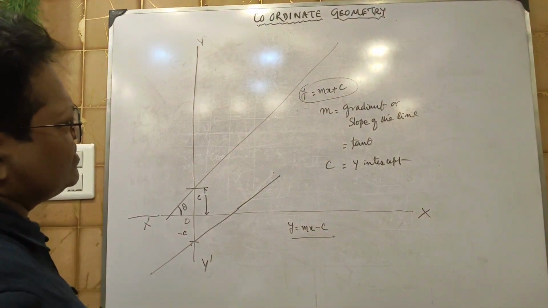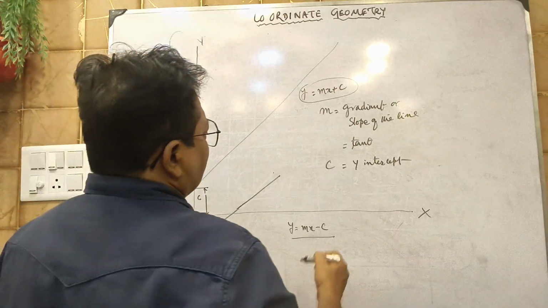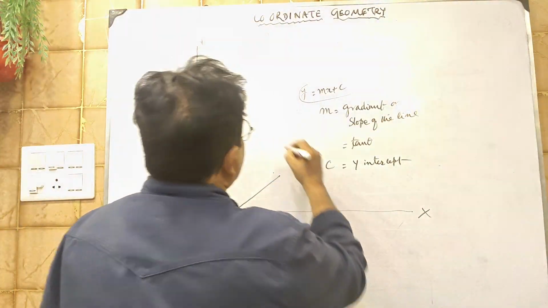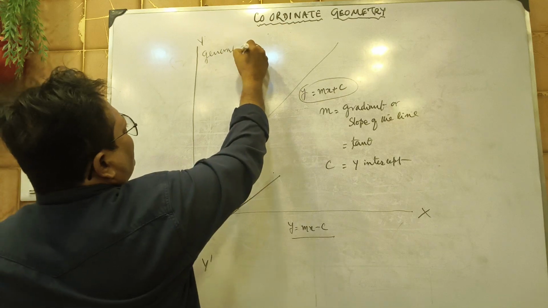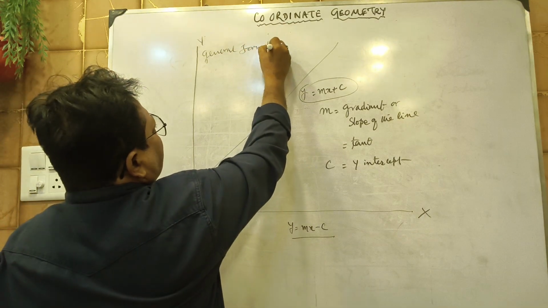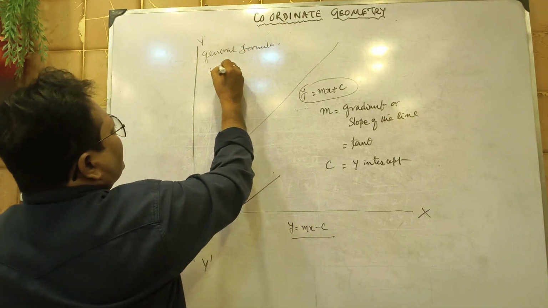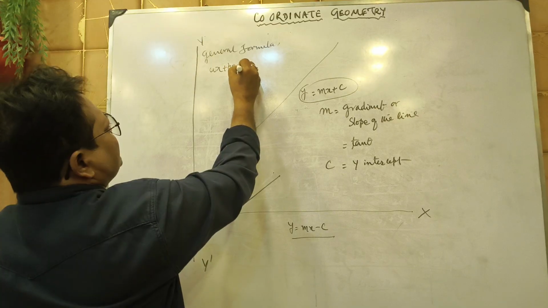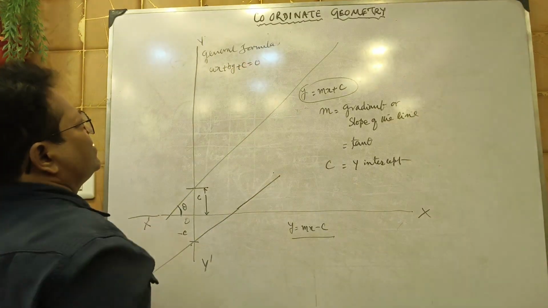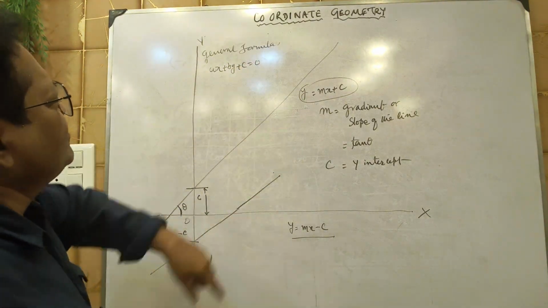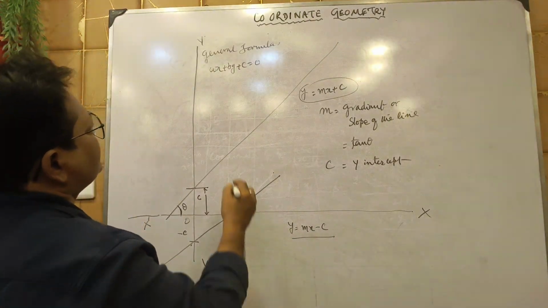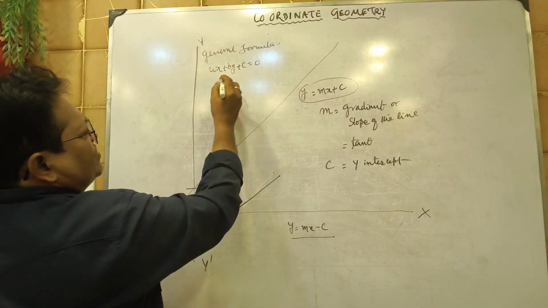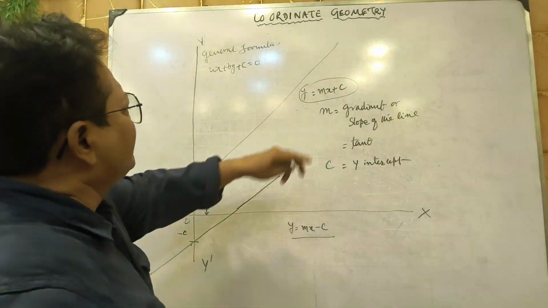Here there is also a general formula. The general formula is ax plus by plus c equal to 0. This is the general formula of the straight line. But it can be converted into standard form.